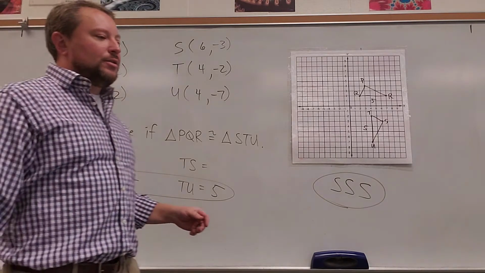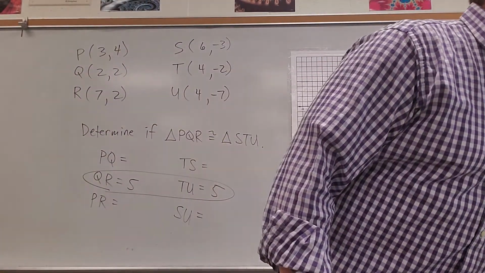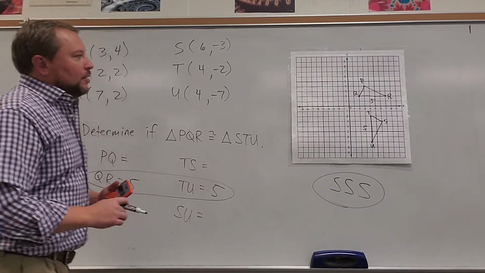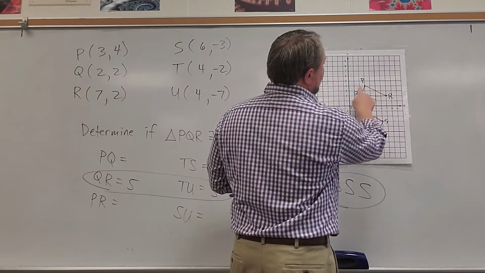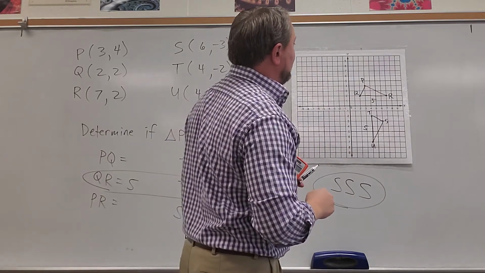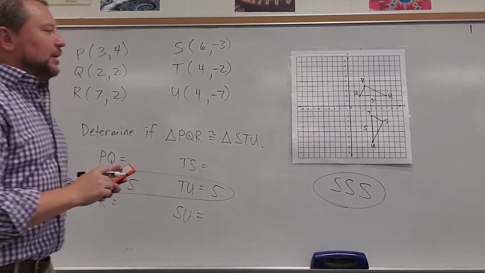Okay, so I'm going to try to do some of these quickly on my calculator. For PR, if you put those coordinates in your distance formula, let's see what you get.